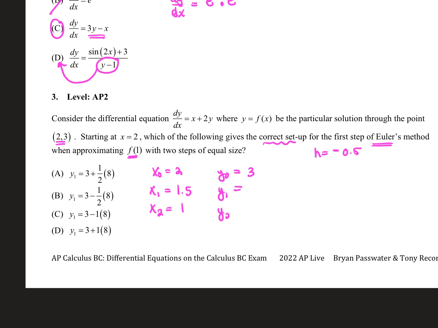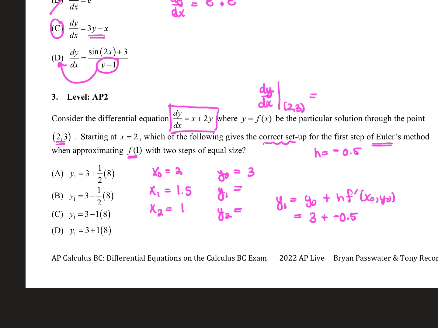And then using our first step, remember that's going to be y1 is equal to y0 plus h times the slope from the slope field. So y0 is 3, h is negative 0.5, and my first derivative is at (2, 3). So our first derivative at the value (2, 3) is 2 plus 2 times 3, which is 6, so 8.